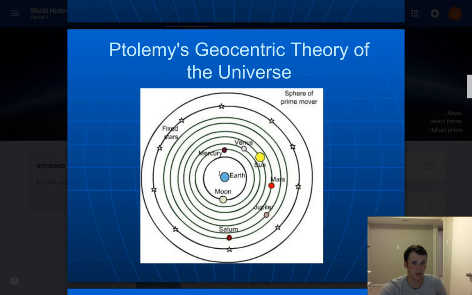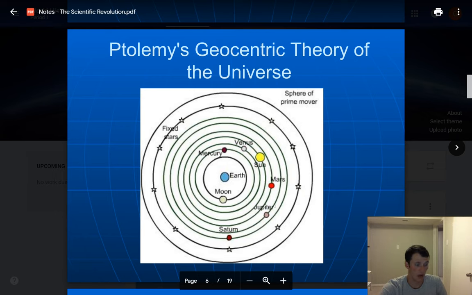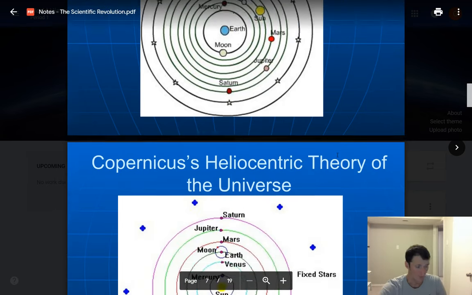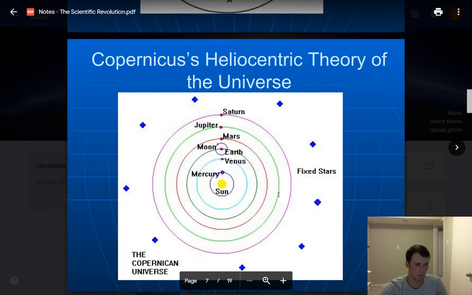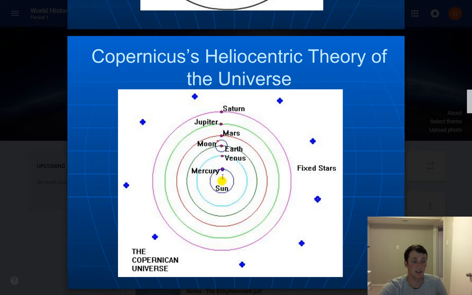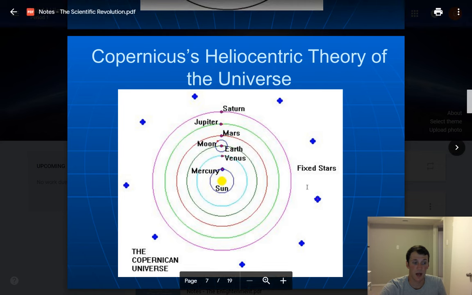You can see my mouse cursor circling the Earth, and the universe circled around the Earth. Copernicus comes up with the heliocentric theory, the idea that the sun is actually the center, and the planets, especially us, are revolving around the sun.